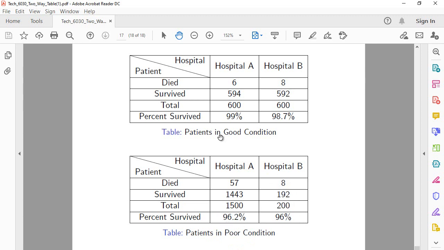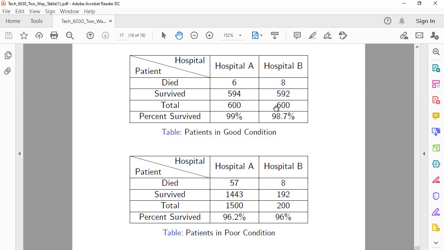So now notice the survival rates. How did I get the survival rates in the first table? Well, 594 is the count of patients who survived, so you divide that by the total number of patients in hospital A. So 594 divided by 600, that's 99%.